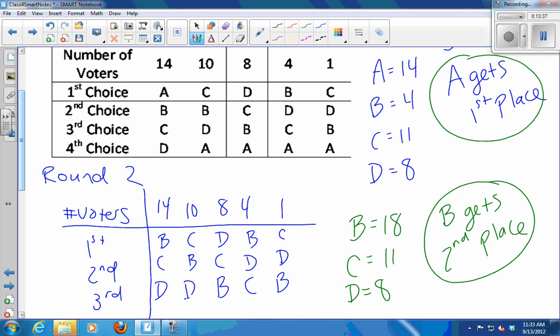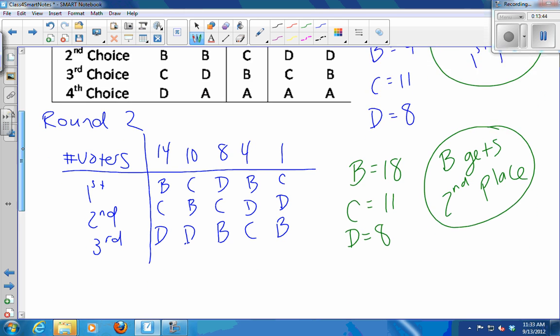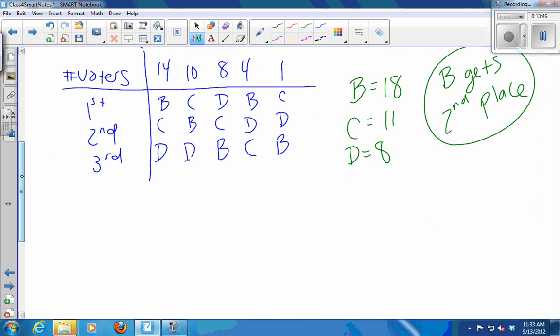Okay, so now we eliminate B. So there'll only be 2 candidates left, C and D. We want to make a preference schedule where we eliminate candidate B. Round 3. So I'm going to have first and second only.